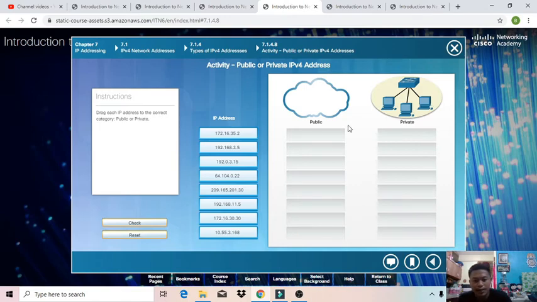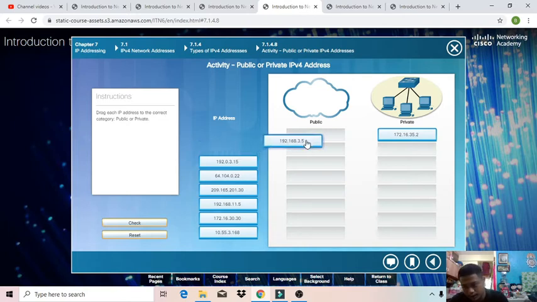This is the IP address. 172.16.35.2, it is private. Next is 192.168.3.5. It's private again.